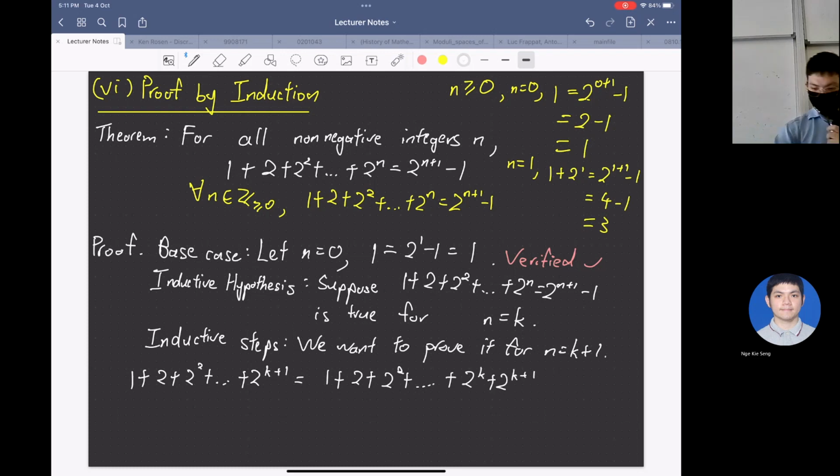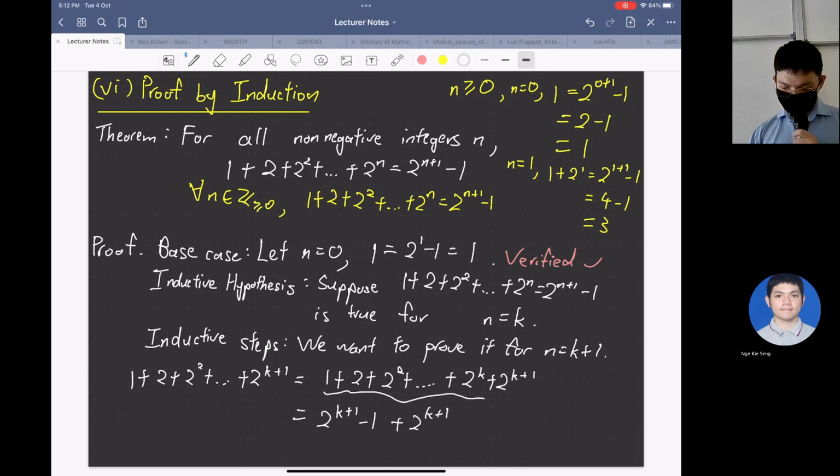So this part, I can apply the formula, 2 to the k plus 1 minus 1 plus 2 to the k. This is by the inductive hypothesis.